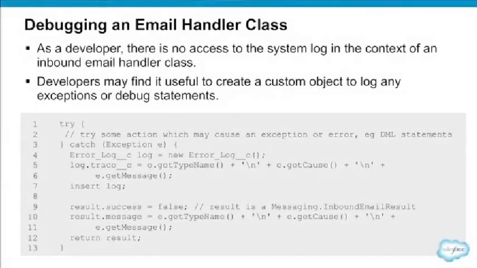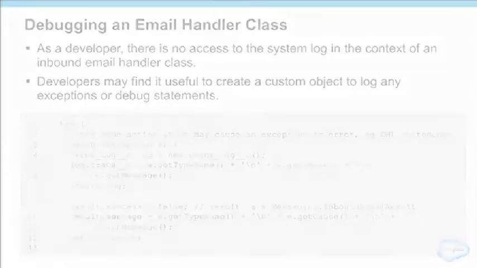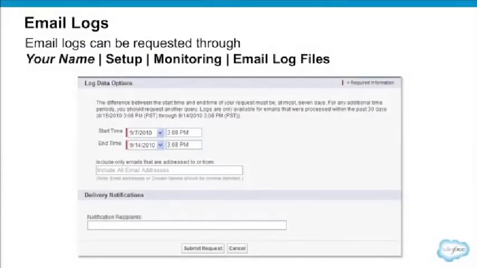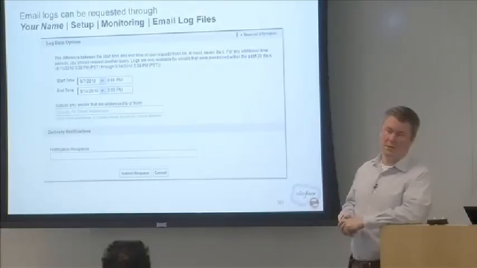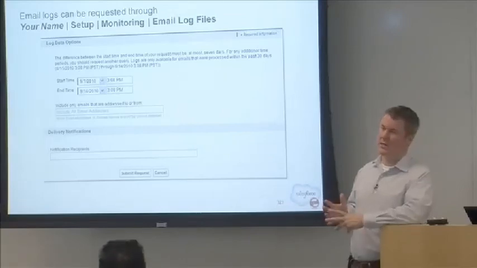I talked about the error logs already. There is the email logs, and this is found under monitoring. And so this is a log of all of the emails that the email service received. Because there's such a large quantity, what you do is you kick it off where you request the messages from a certain time period.